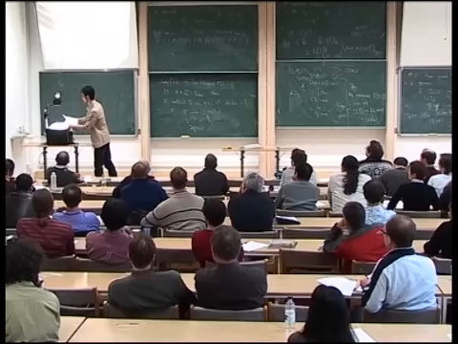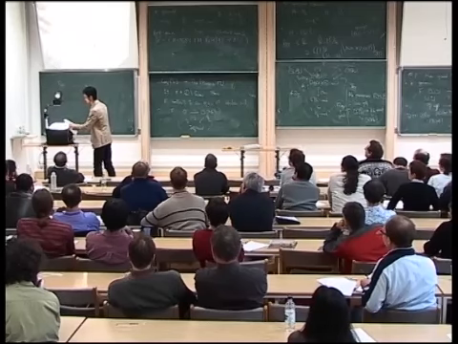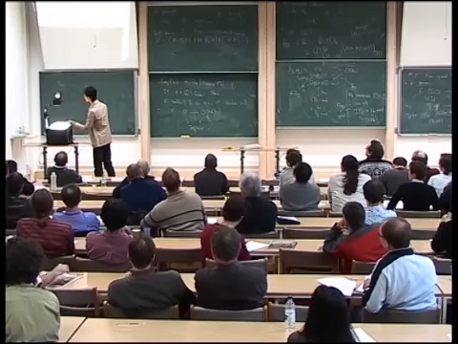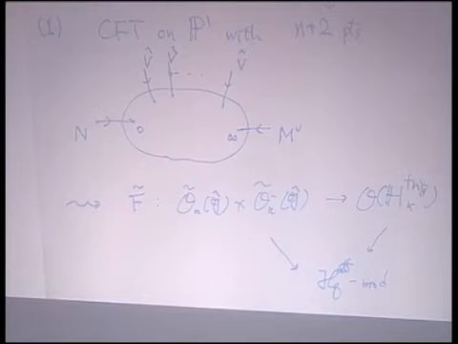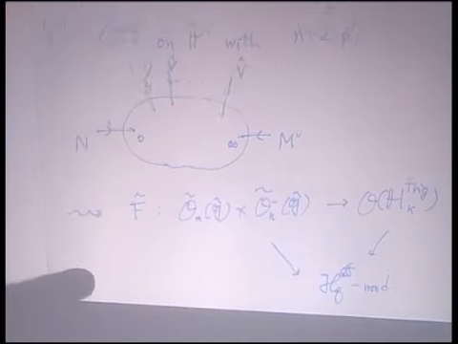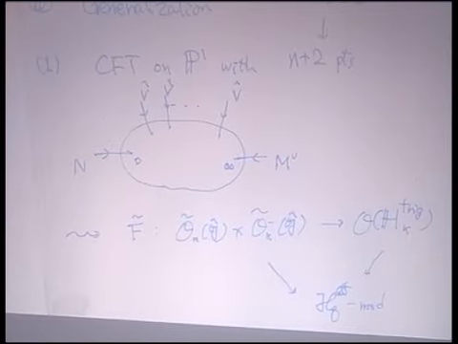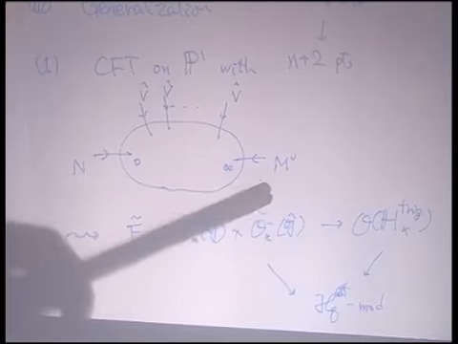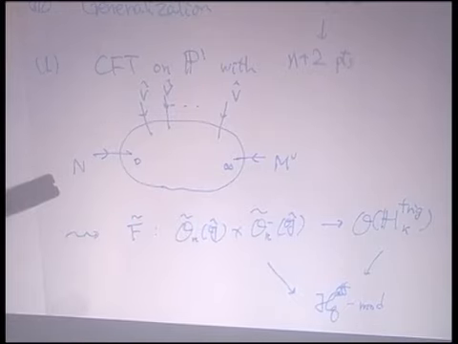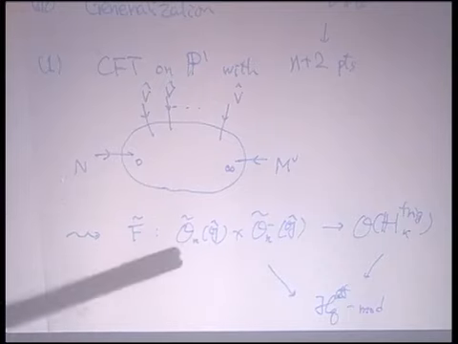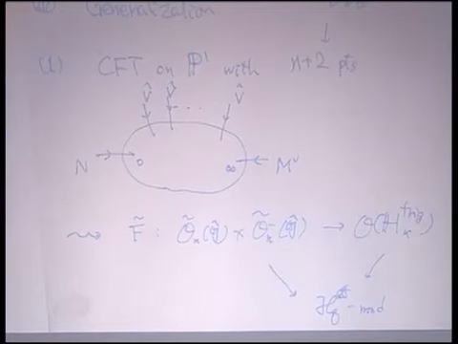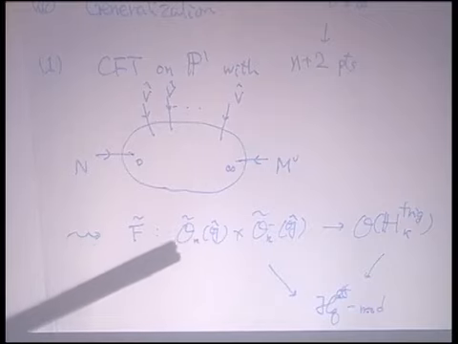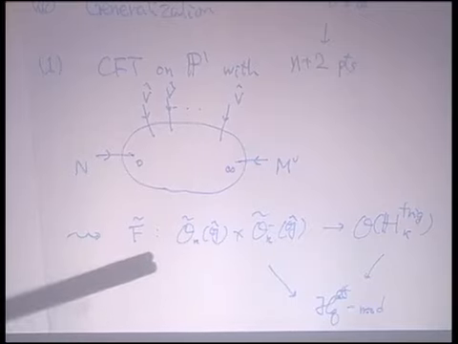Okay, so finally let me comment on some generalization. We start from conformal field theory on P1 with n plus 1 points, but we can start with n plus 2 points, where the 2 means 0 and infinity. Then we have two choices of modules, so we have a bifunctor, the highest weight module and the lowest weight module.